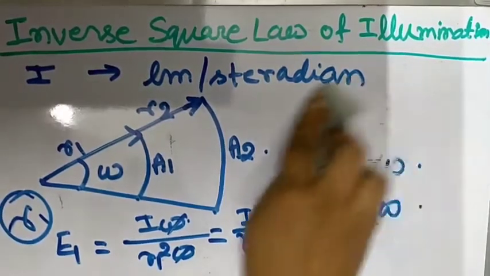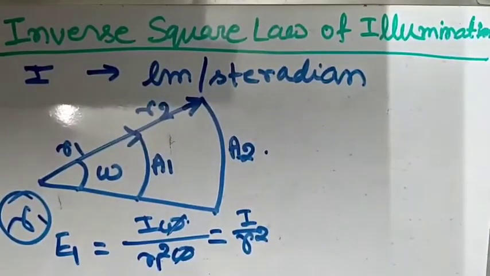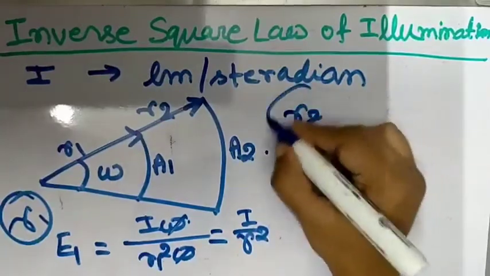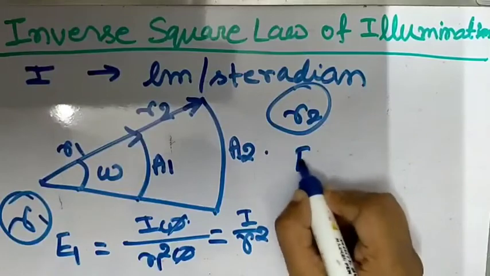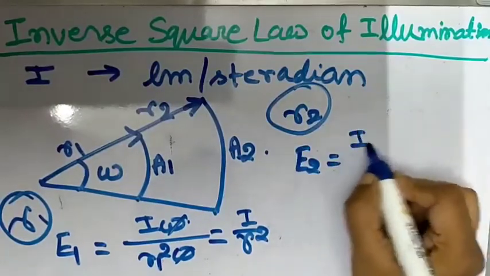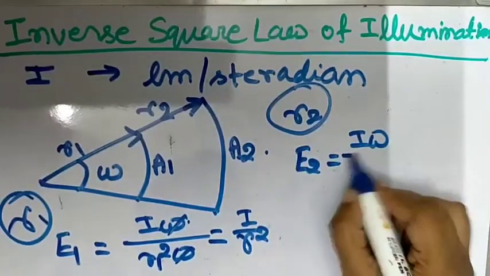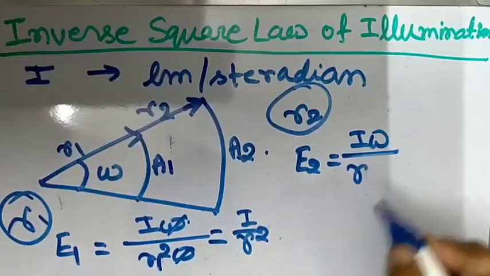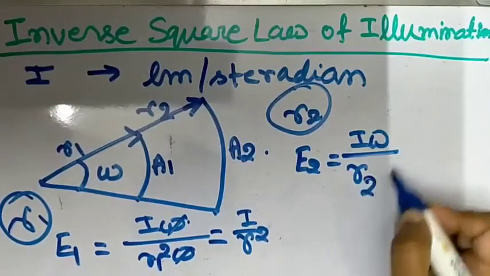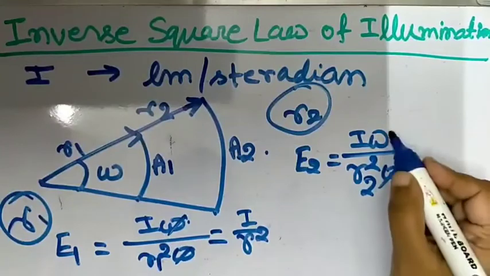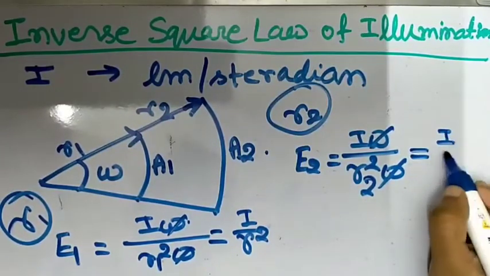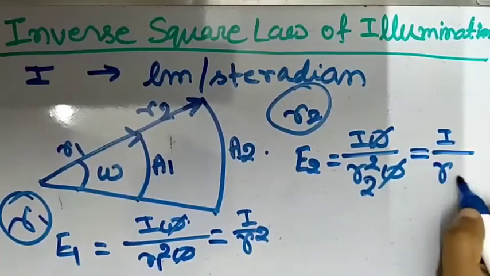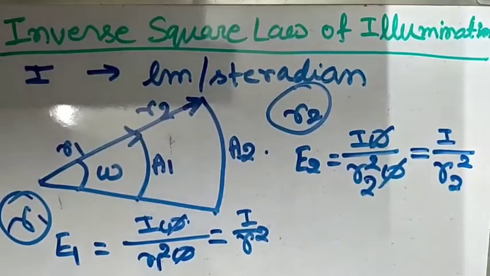Similarly, at radius R2 the illumination at the surface E2 is equal to I omega, that is the total light flux, by the area R2 square into omega. Omega cancels out and we get E2 equal to I by R2 square.